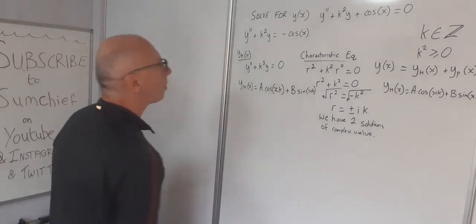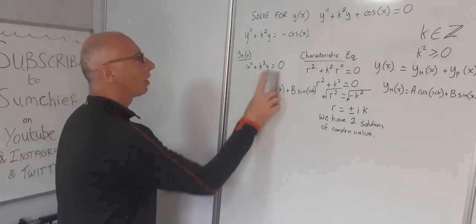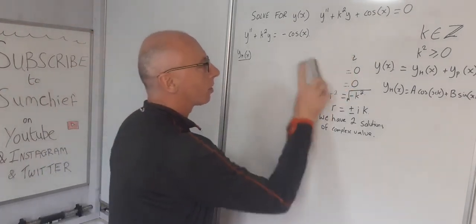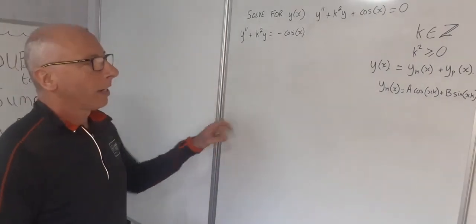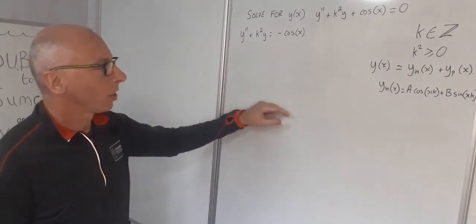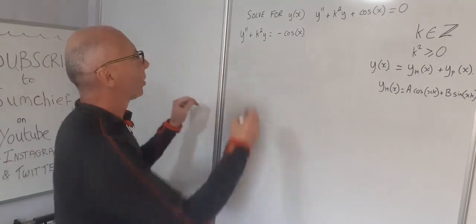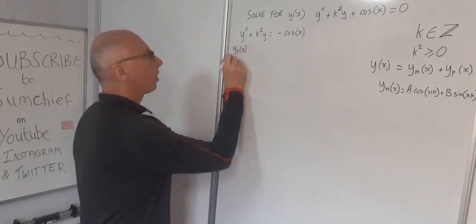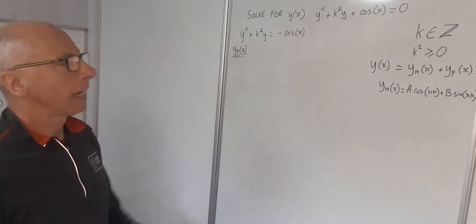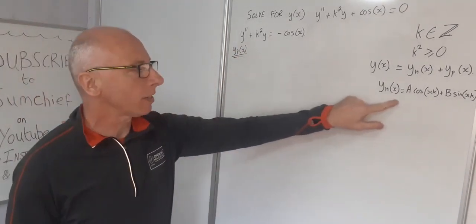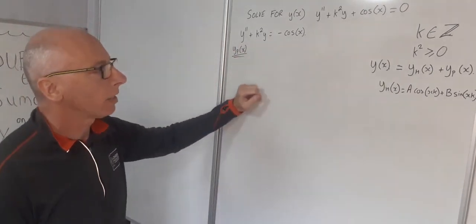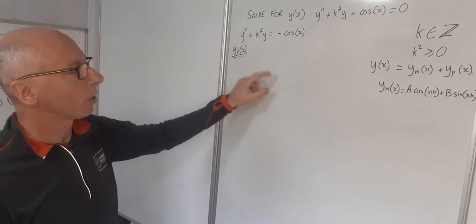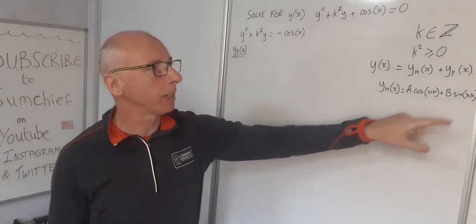So let's take this off the board now, and now let's look for our particular solution. Okay, so now I've got my homogeneous solution. I need to find my particular solution. So let's just write this up here. So this is what we're looking for now. Now my homogeneous solution takes this form, but I need a particular solution format that is similar to this.